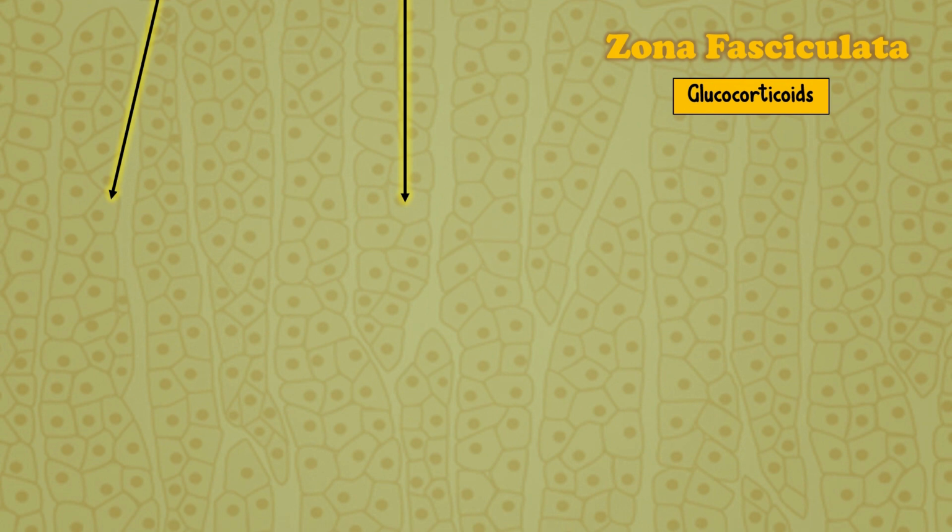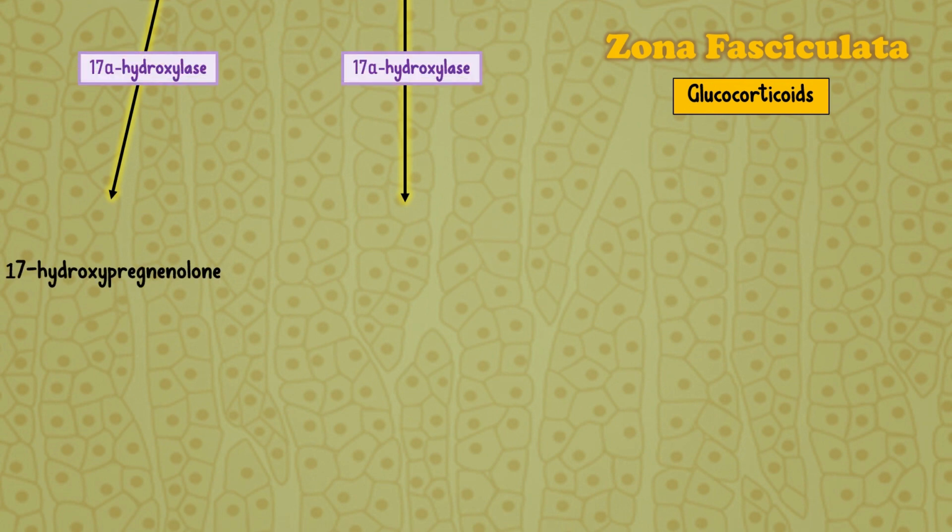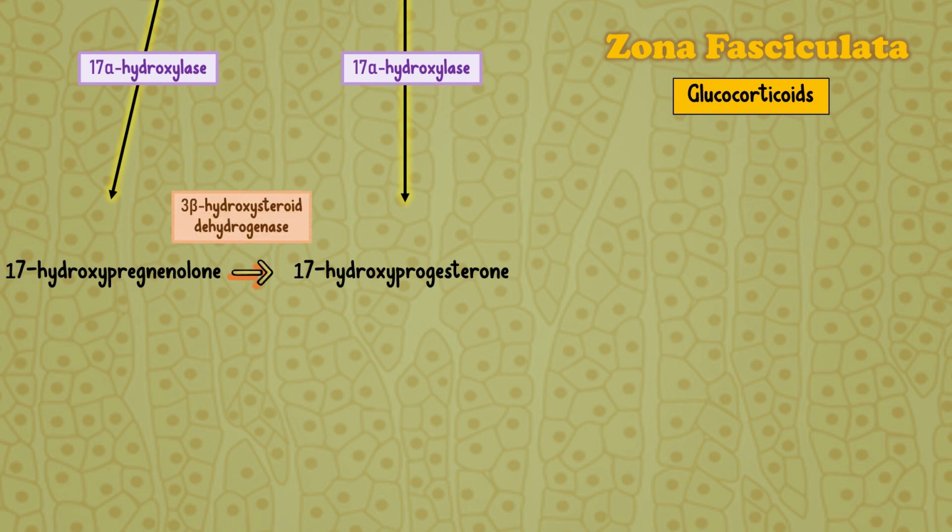Here, we have an enzyme 17-alpha hydroxylase that turns pregnenolone into 17-alpha hydroxypregnenolone and turns progesterone into 17-alpha hydroxyprogesterone. 17-alpha hydroxypregnenolone is then converted into 17-alpha hydroxyprogesterone by the enzyme 3-beta hydroxysteroid dehydrogenase.